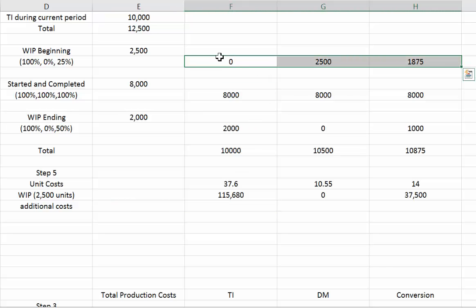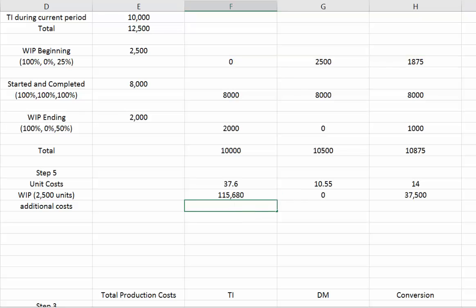we are going to multiply the number of the remaining equivalent units right here, those 3 numbers, by the corresponding unit cost respectively, so that we can find out, in order to complete these 2,500 units, how much additional cost we have to add. For instance here we have a 0, so it's nothing.